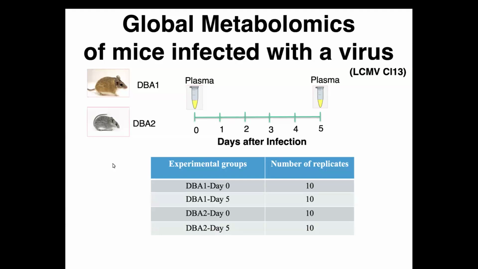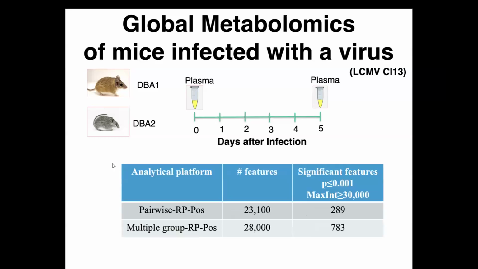LC-MS analysis was performed by reverse phase in positive mode. The MS data were uploaded to XCMS to run pairwise and multiple group comparison. XCMS detected about 23,000 features for pairwise comparison and 28,000 features for multiple group comparison.